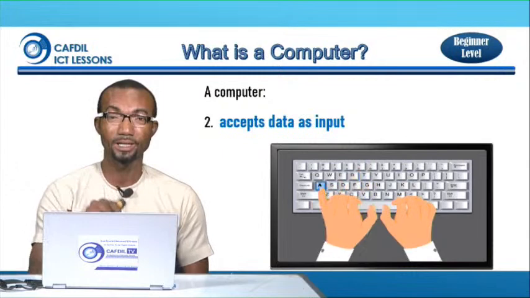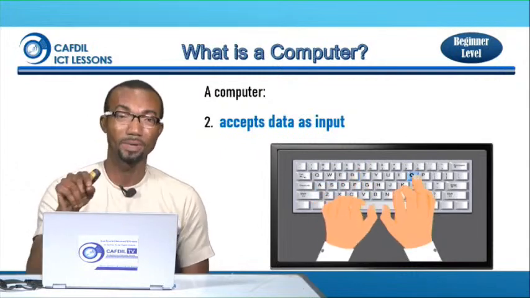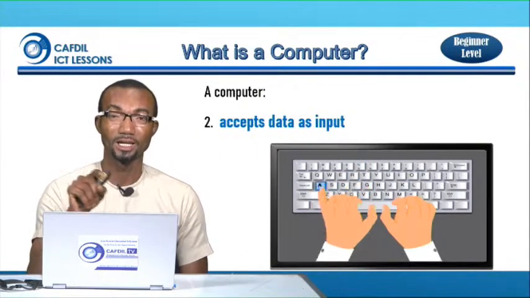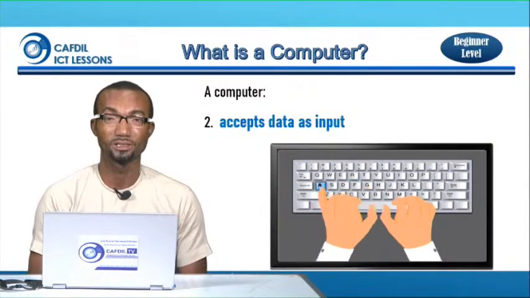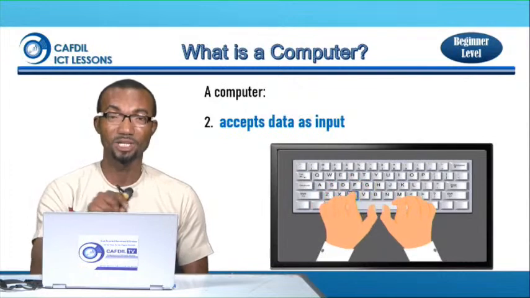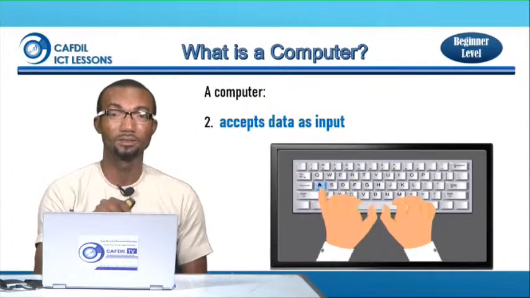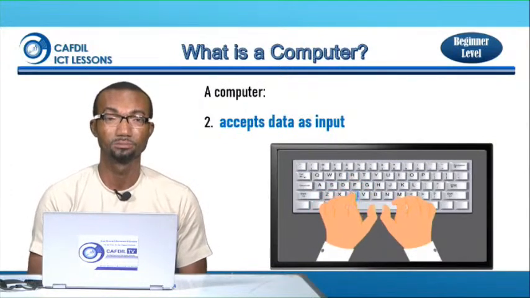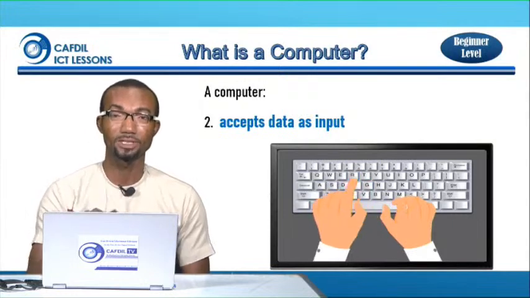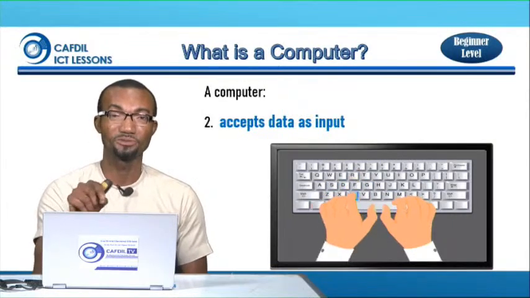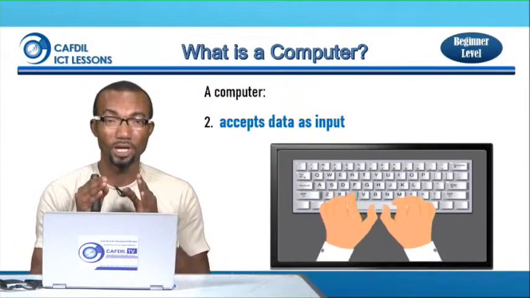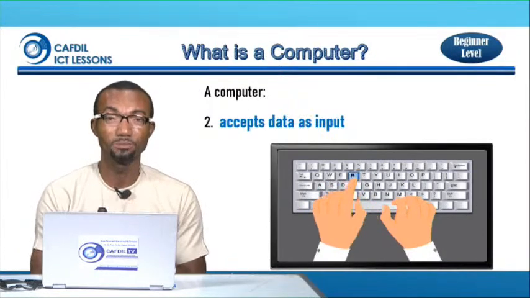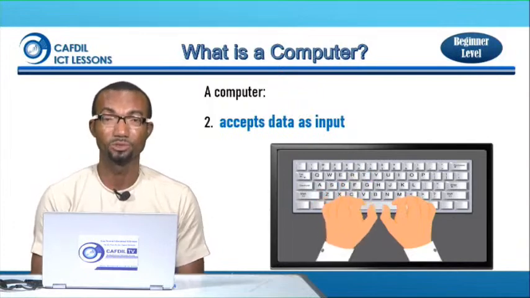So if I want to dial a number, I see the keypad on the screen of my phone and I use my hand to touch the numbers. And touching the numbers means that I'm feeding data into the computer system. If I take a calculator and type 2 plus 2, I'm feeding data into that system. So a computer must be able to accept data as input.